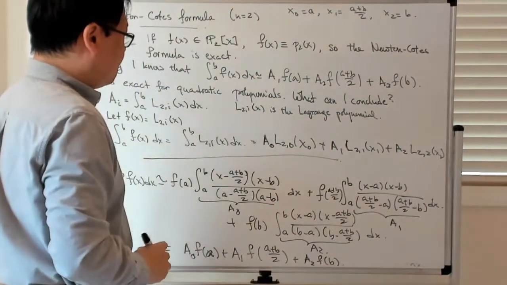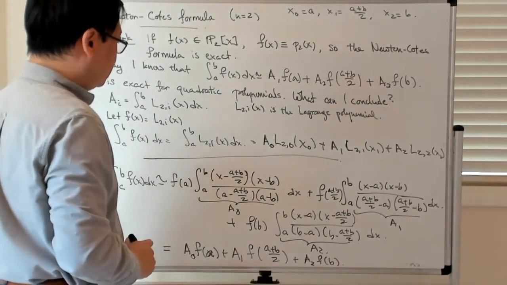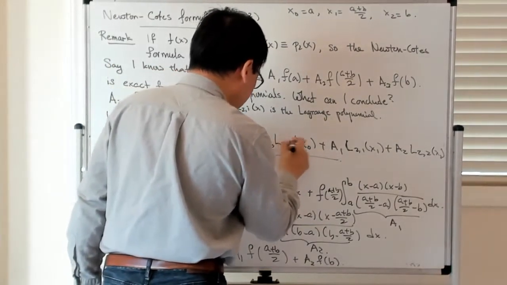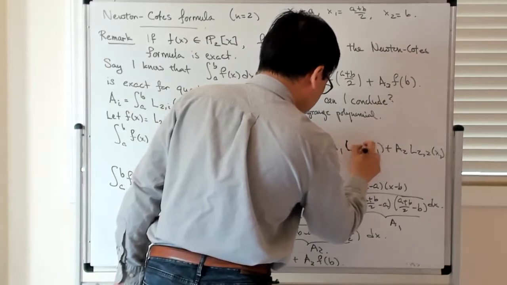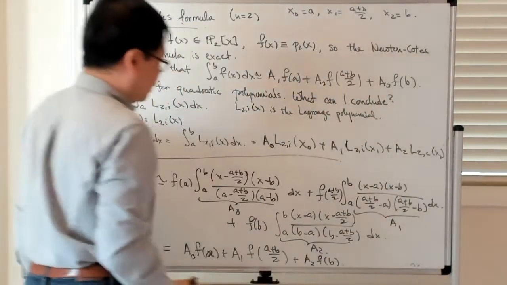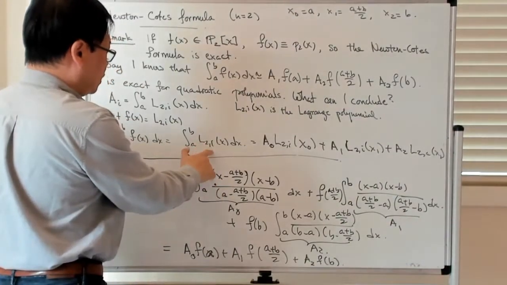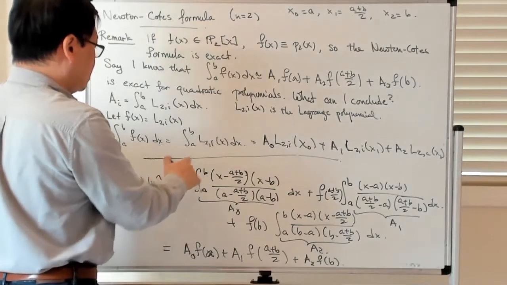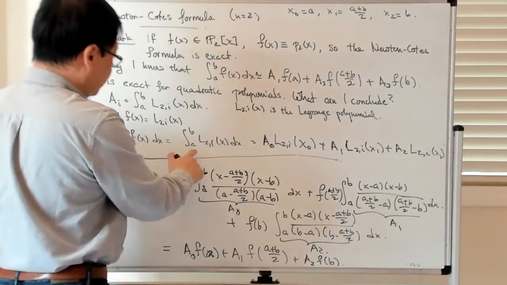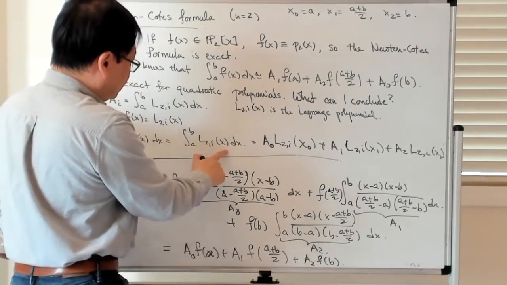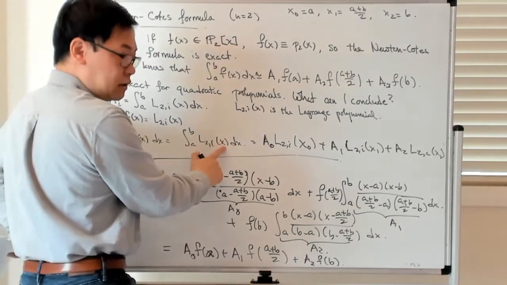Sorry, no, that's not what I wanted to do. They all should be Li. Okay, my bad. So what I'm doing is writing down this Lagrange polynomial, which is quadratic.